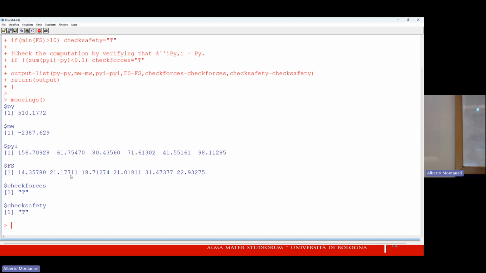Of course, I think this exercise is useful to give you an idea of what things are to be done. But given that we don't go into the details of the procedure, because as I said, it's a topic of structural mechanics, we don't need to learn the details. We don't need to learn the relationships.